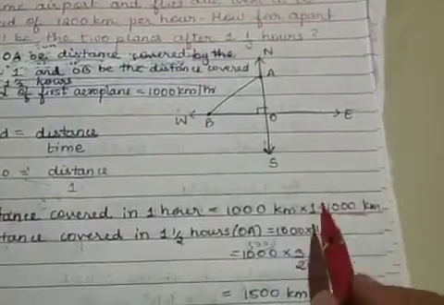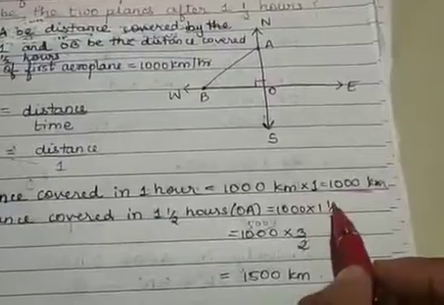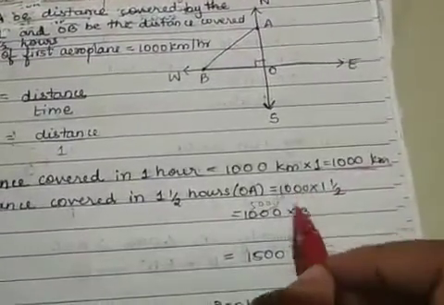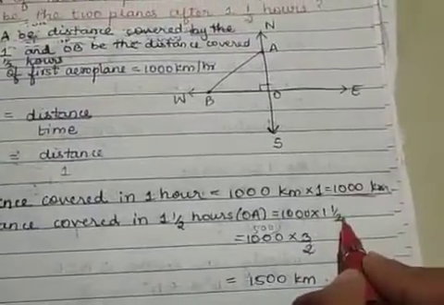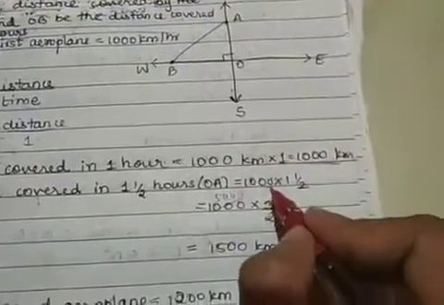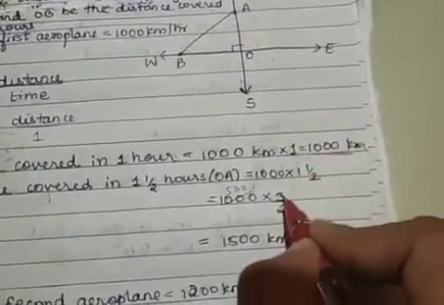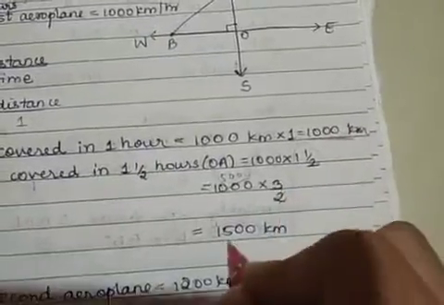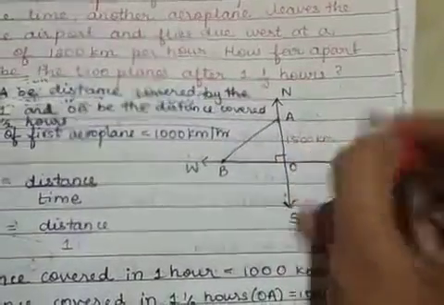It will be the speed multiplied by time, so 1000 multiplied by 1.5, which can be written as 3 by 2. So the distance is 1500 kilometers. So this distance is 1500 kilometers.